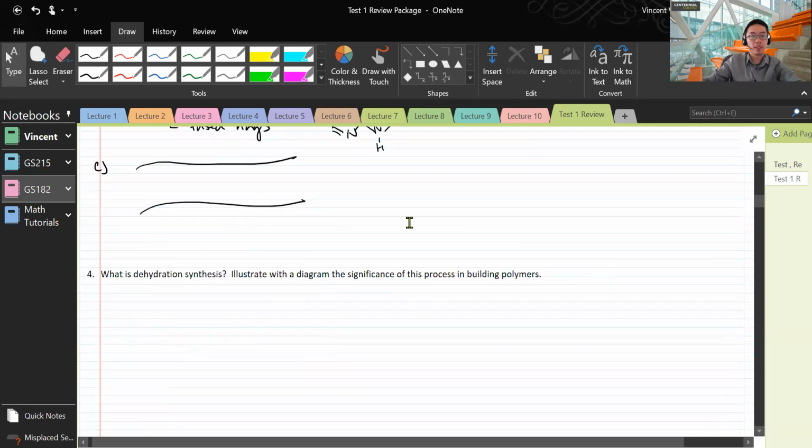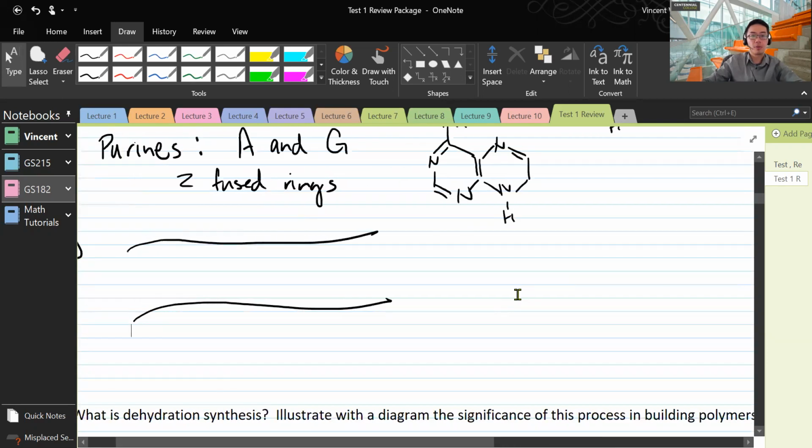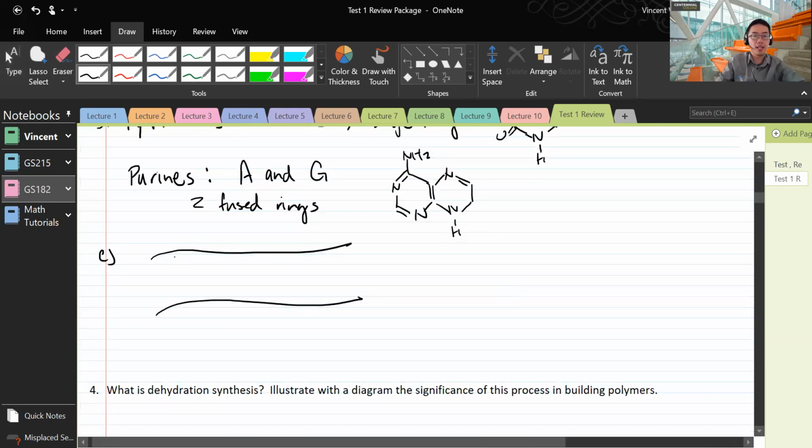All right, no problem. What is the base pairing rule? Well, let's say we have A, C, G, and T on one side. Then the other side is going to be T, G, C, and A, right? So this is the base pairing rule.